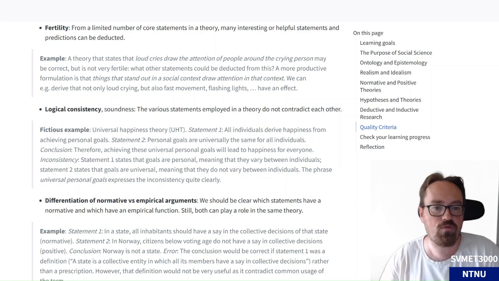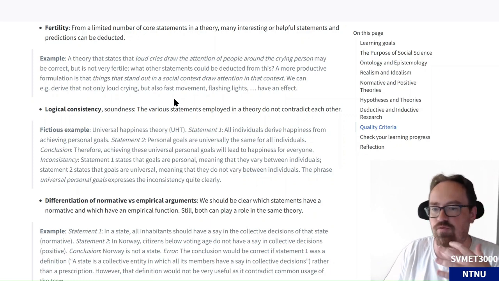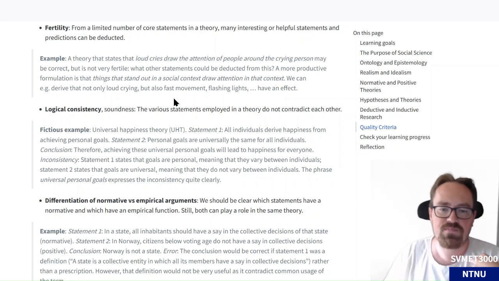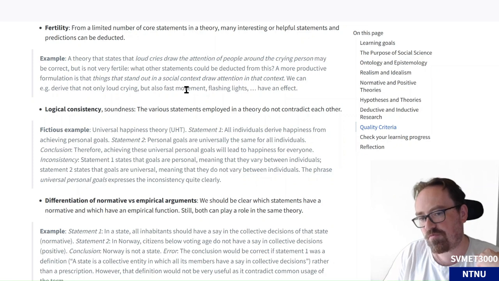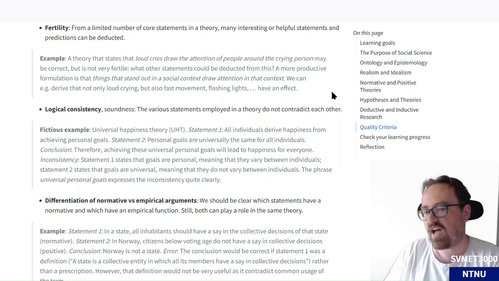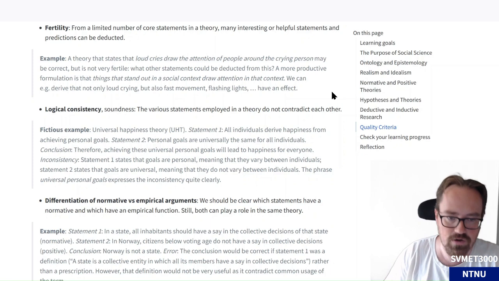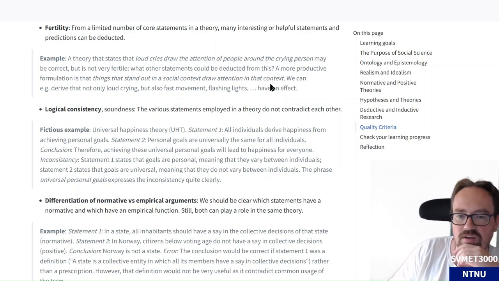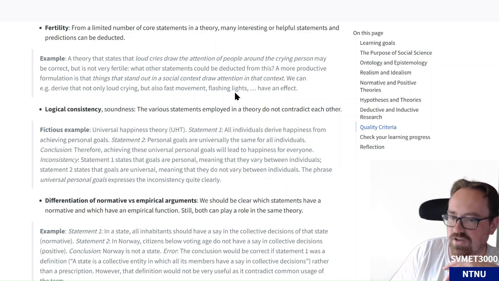So this is a much more fertile statement, and each of these can be proven wrong, and then we can be more specific. Only fast movements and loud crying, but not flashing lights, have that effect. And so we learned something about the processes of drawing attention.